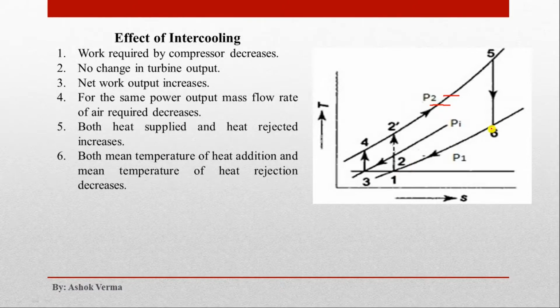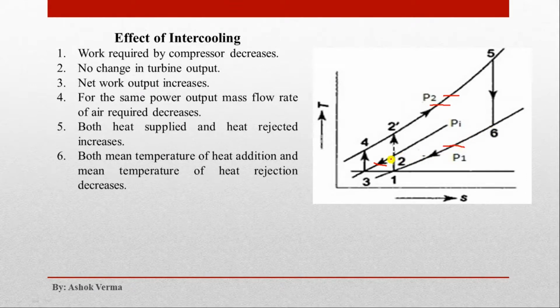Here you can also see the mean temperature of heat rejection will also decrease, because the mean temperature of 1 to 6 is this, and 2 to 3 is this. So initially, if you do not use intercooling, you have to reject heat only from 6 to 1, so the mean temperature will be here only.